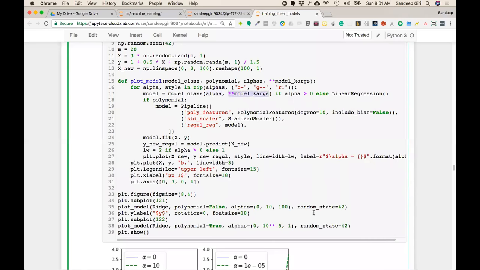So random state equals 2 is passed here. This is where we are training our ridge regression. Then we are creating the pipeline, adding this here after the standard scalar, and that's all. That's what is happening. Yeah, model class is a function argument.